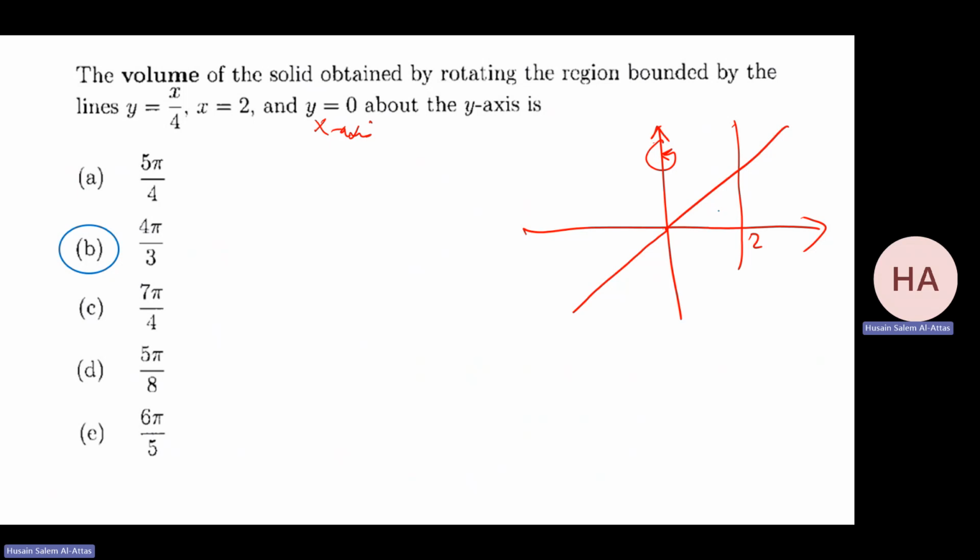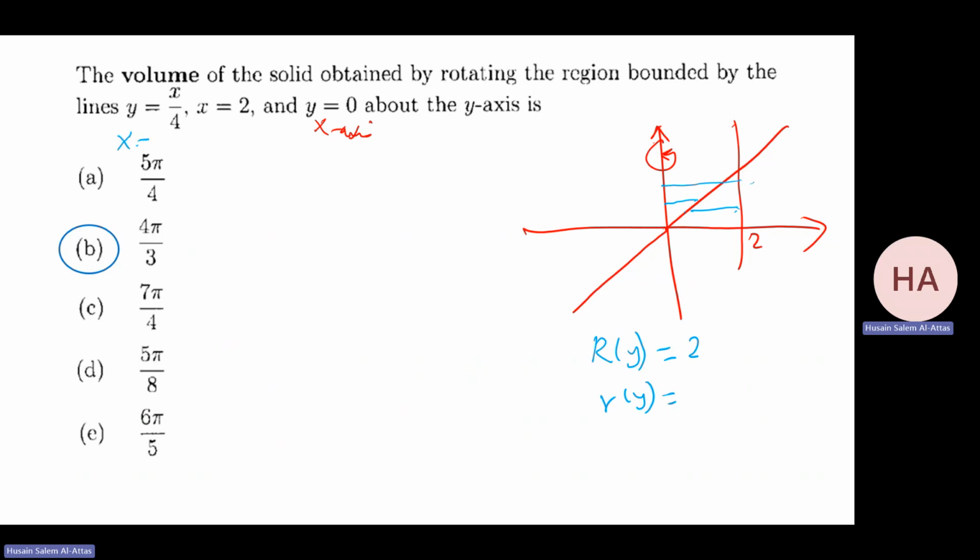So my strip is this one, or my line is this one. So I need to think about the long one and the short one. So I have R of y will be what? 2 minus 0, which is 2. Small r of y, this small one, in terms of y.